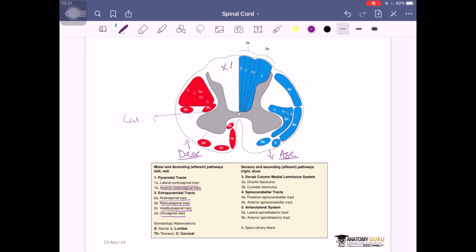It is very interesting to note that there are no descending tracts present in the posterior column. The posterior column is entirely occupied by ascending tracts.